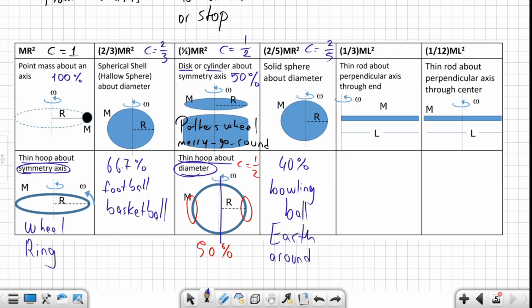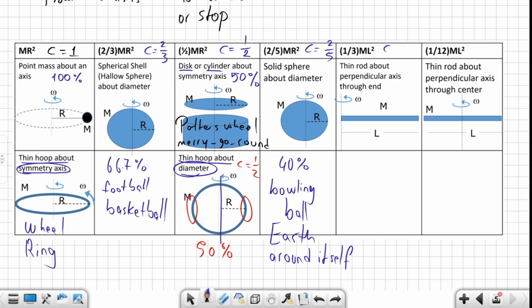Another example for solid sphere around diameter is Earth around itself. Remember that only use the 2 over 5 if it is talking about the rotation of Earth around itself. But if it is talking about the rotation of Earth around Sun, you have to use the point mass 1.